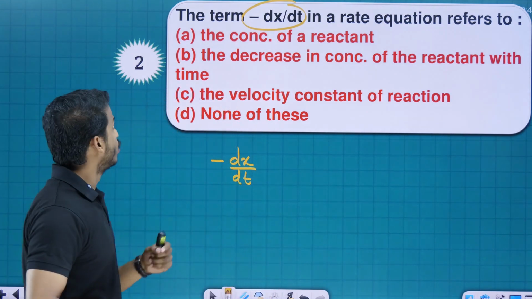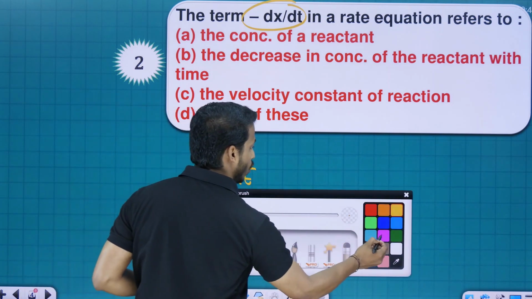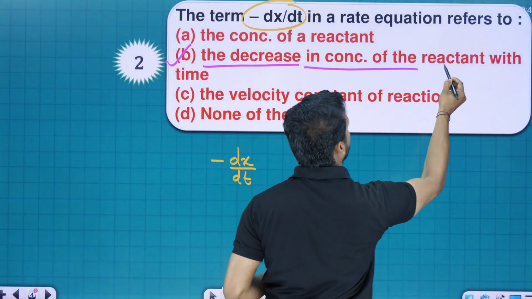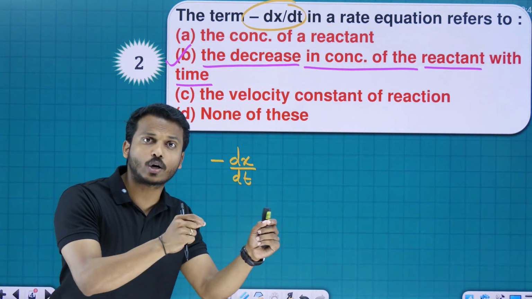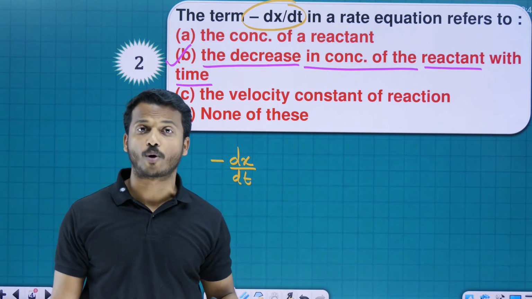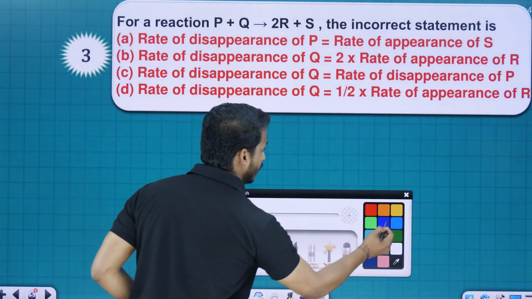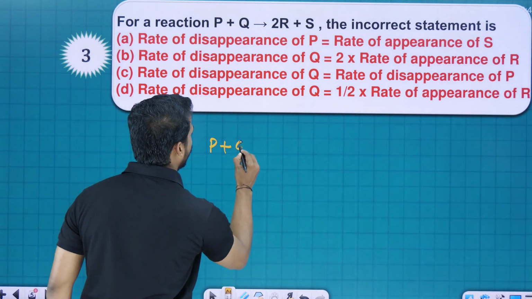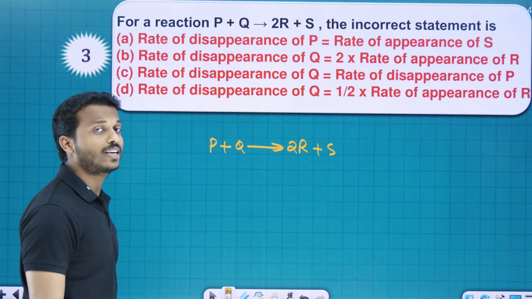So minus dx by dt indicates option B, the decrease in concentration of reactant with respect to time. Decrease in concentration is expressed by minus, increase in concentration of product by plus sign. That you know.